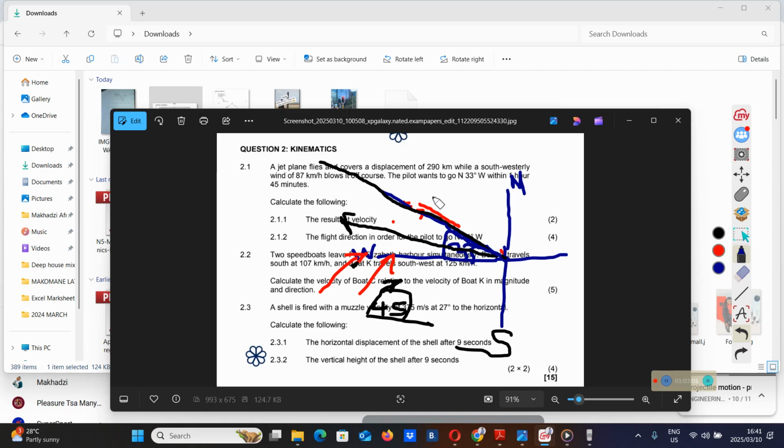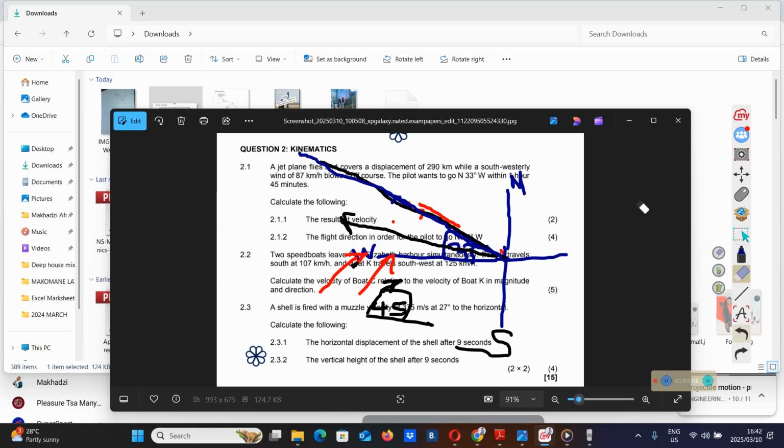Remember, at the end of the day, this thing must move in that direction. So that will be the desired direction. So now you will just have to close the triangle, then find the resulting velocity.